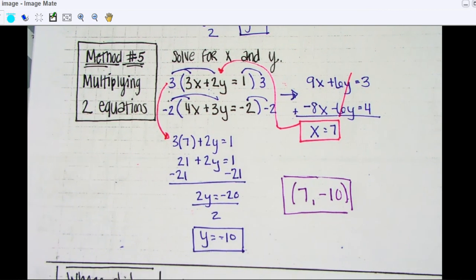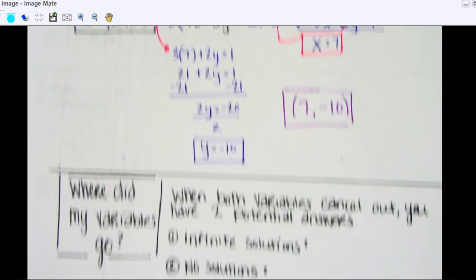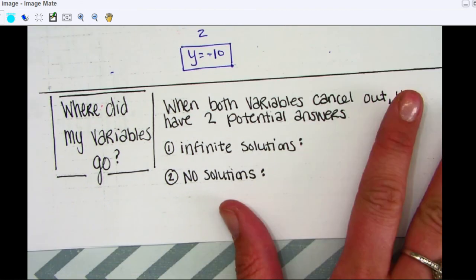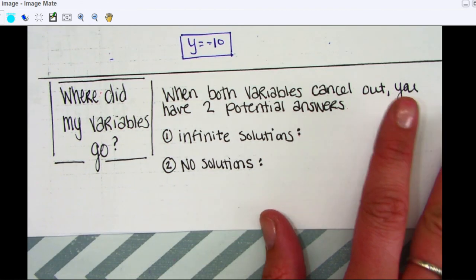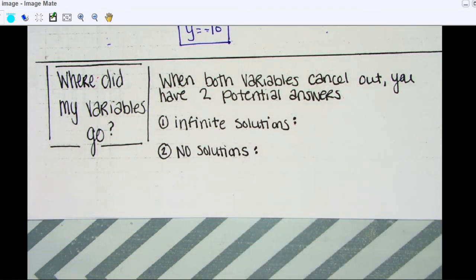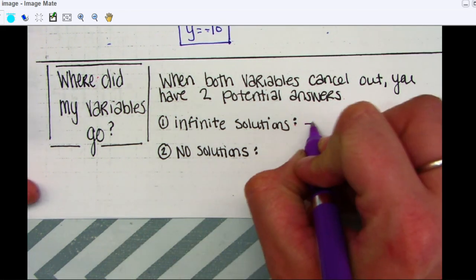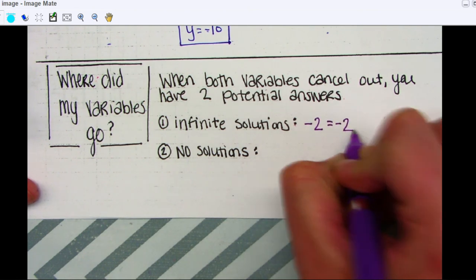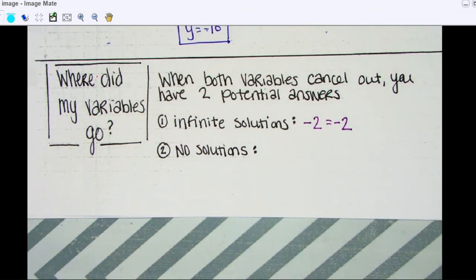Now, excuse me, if you're solving and your variables go away, that doesn't mean that you did it wrong, okay? It just means that you have 2 potential answers. It depends on what the problem looks like at the end. So if you're solving and your variables all disappear, if you have the same number on both sides, that's infinitely many solutions, meaning those lines are basically the same line.